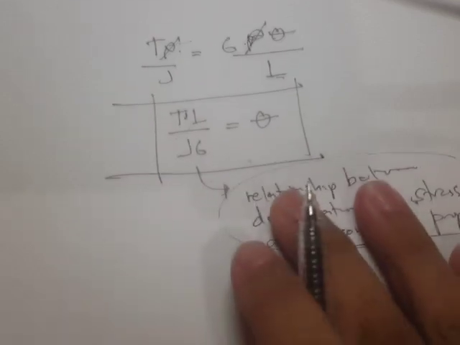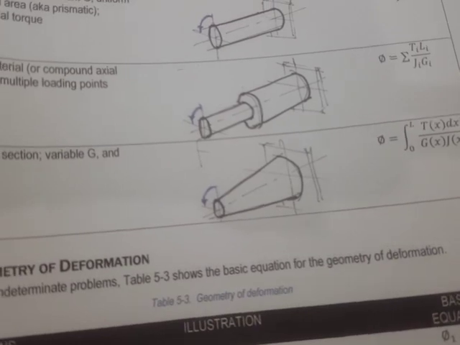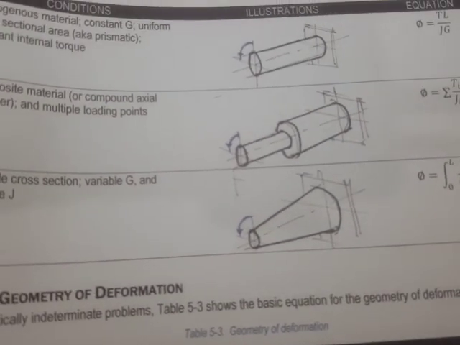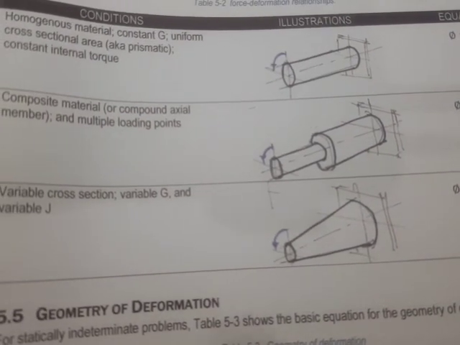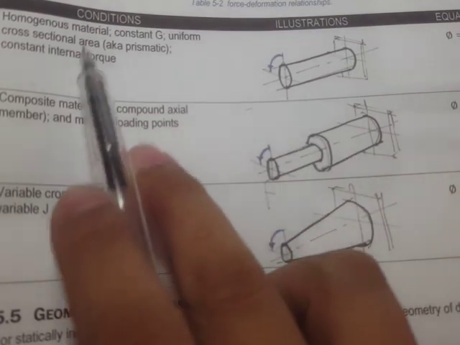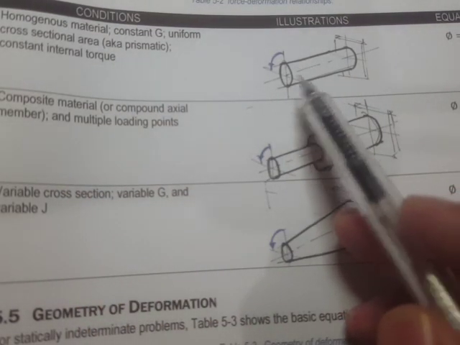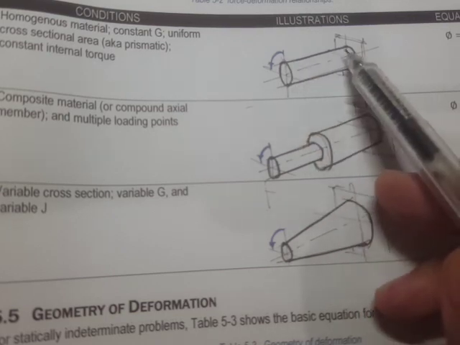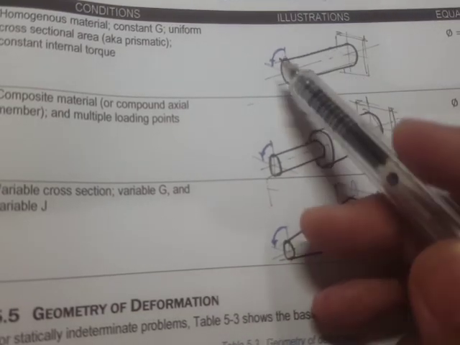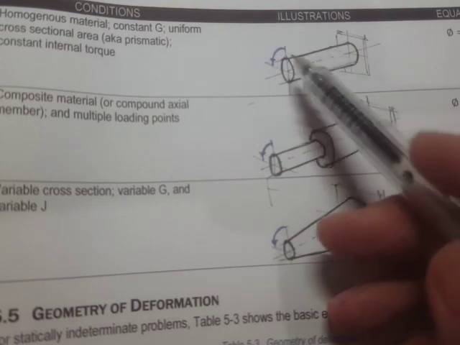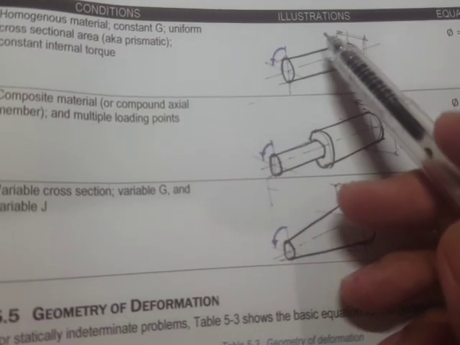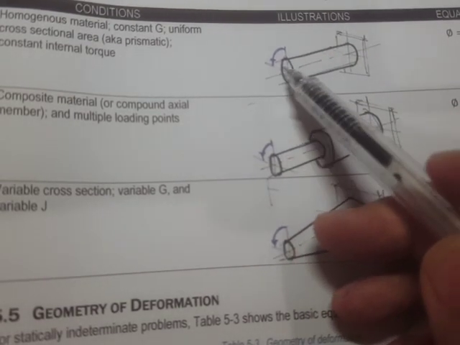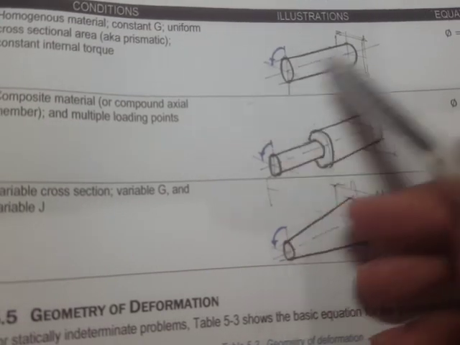Now this equation has to be understood as an equation for homogeneous material, meaning the torsional member is composed of only one material, like just steel or aluminum or whatever material.